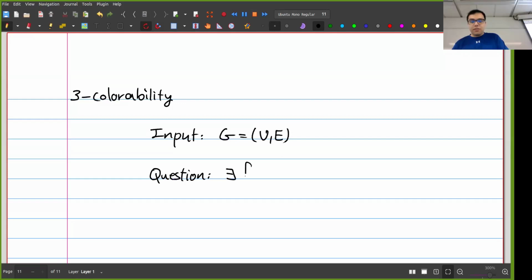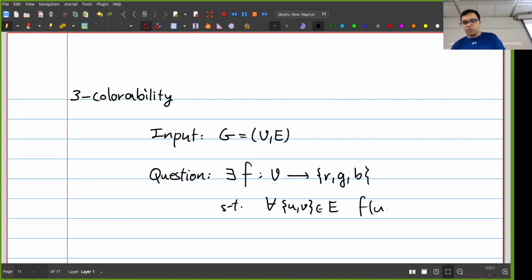Is there some function f mapping the vertices to colors, let's say red, green, and blue, such that for every edge, let's call it UV in my edge set, the color of U is not the same as the color of V? Does such a function exist?